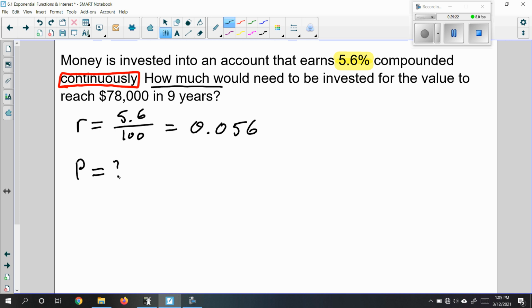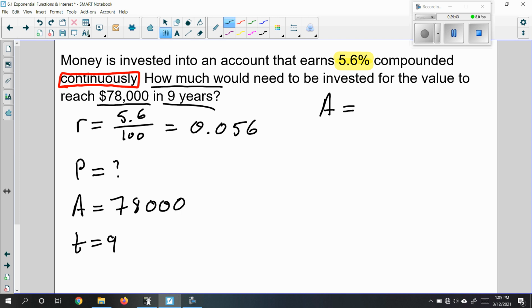So in other words, we're looking for P. We're looking for the initial investment so that it reaches 78,000. That's the final value. And 9 years, that is T. So since this is continuous, we are going to use the formula A equals P times E to the power RT.